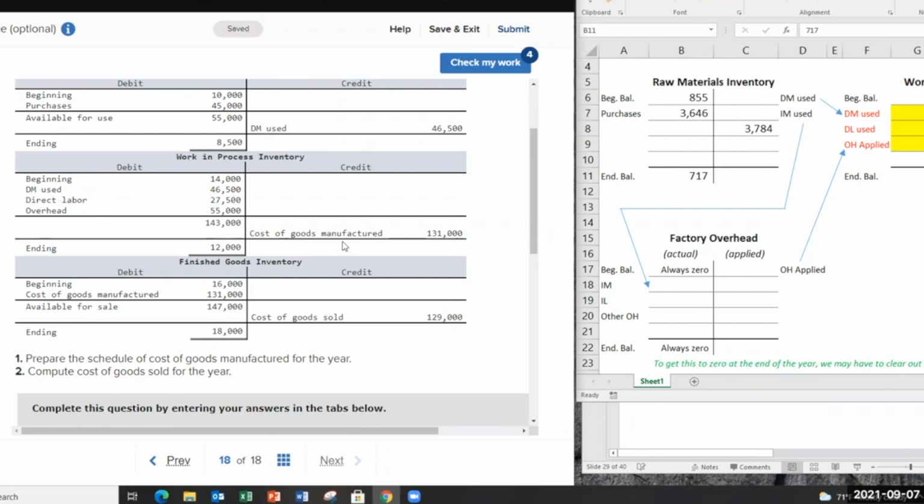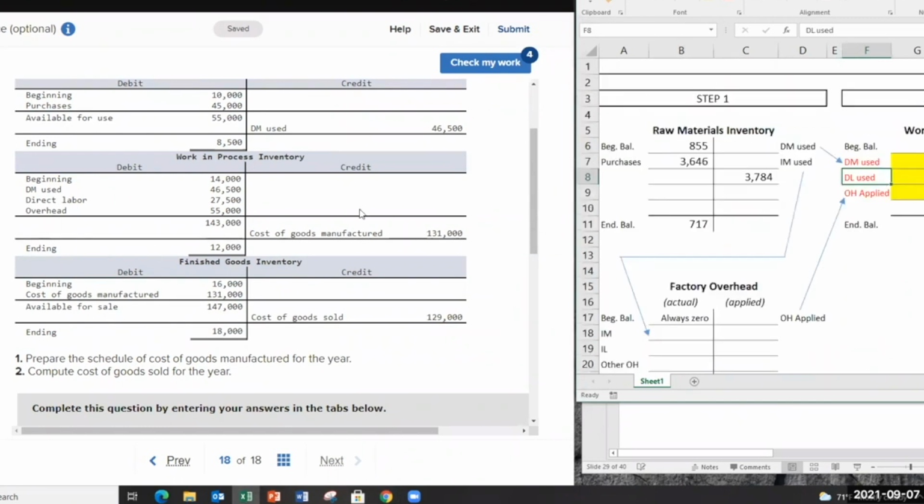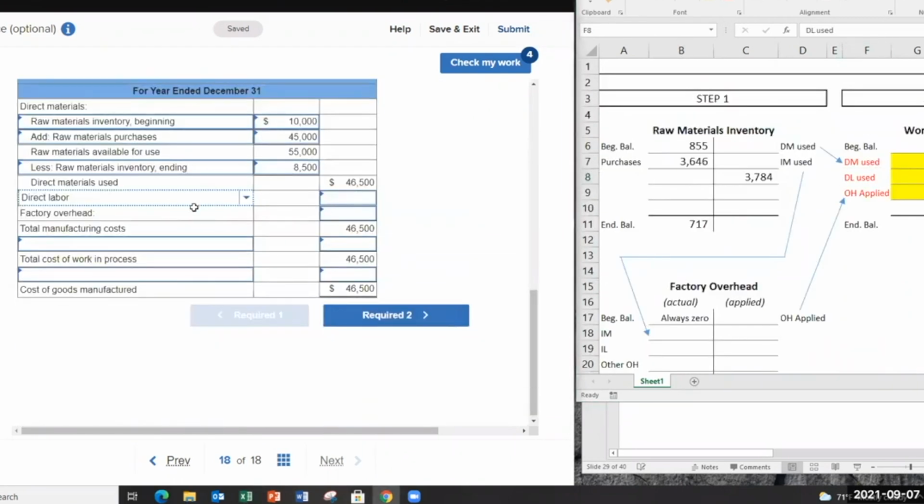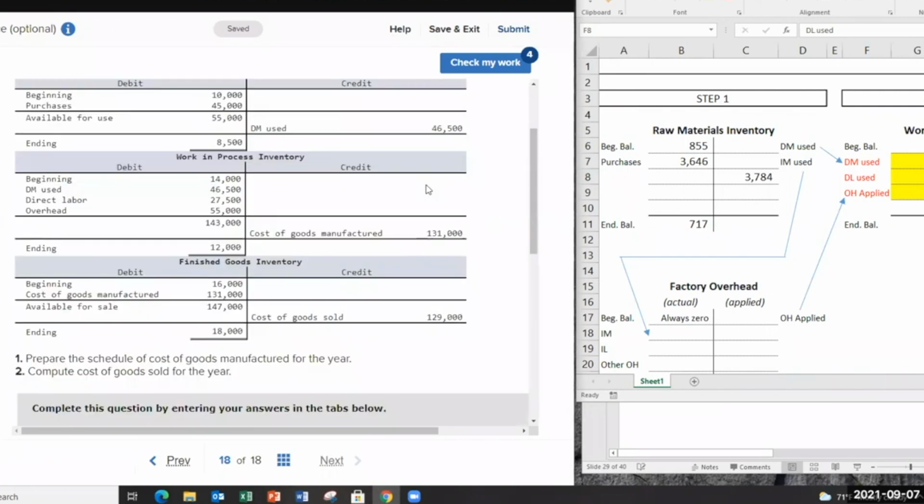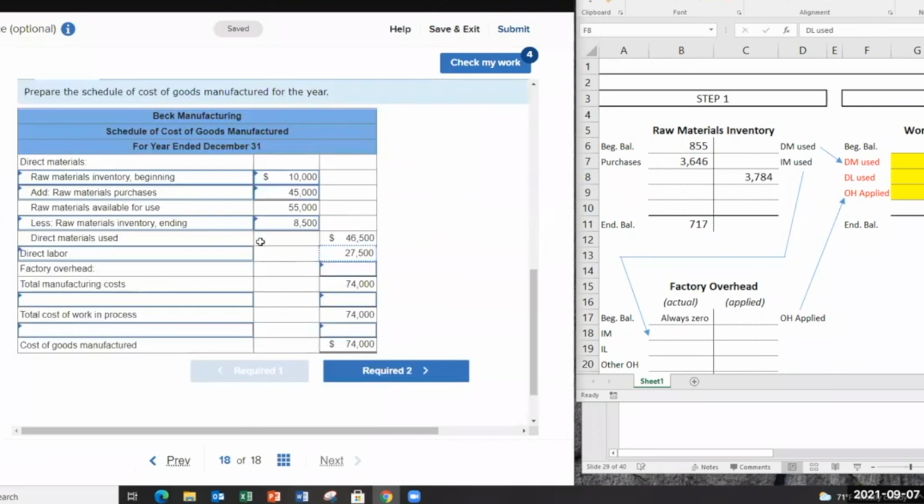It's in there, because direct labor used is in the work in process account as a debit. There it is, 27.5. Now the factory overhead should also be given in here. Yeah, overhead 55,000.